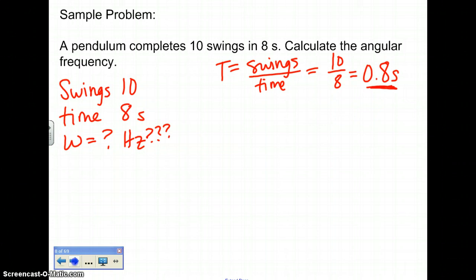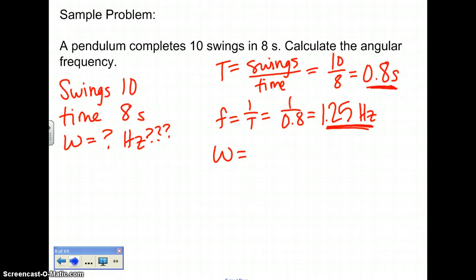But then we know that frequency is 1 over T, so that gives us 1 over 0.8, which our calculated answer comes out to be 1.25. We're not at the end yet, so let's not do sig figs. Let's hold through on this. So our angular frequency is 2 pi f, which gives us 2 pi times 1.25.